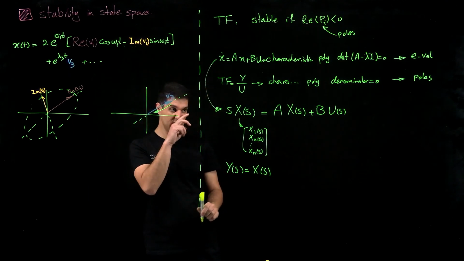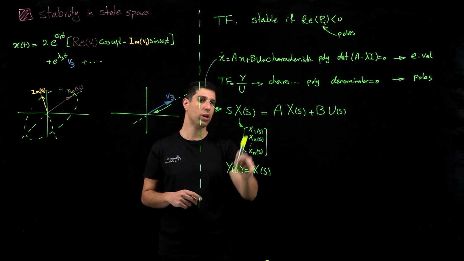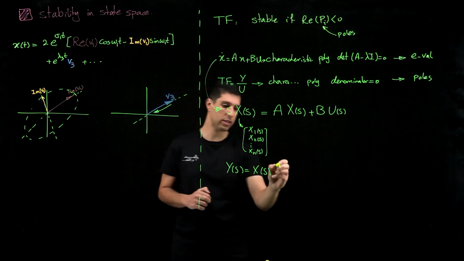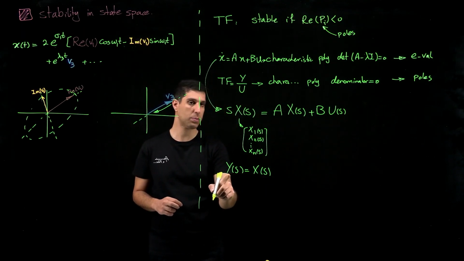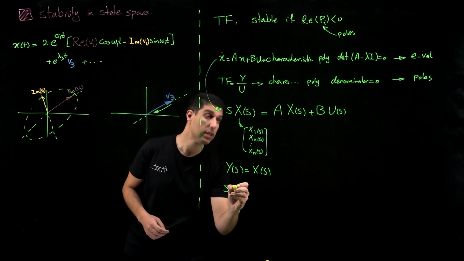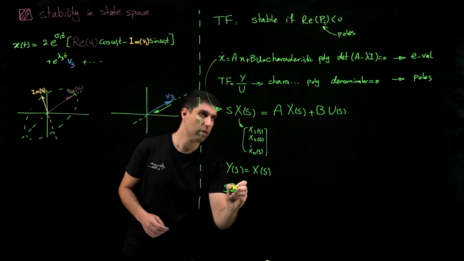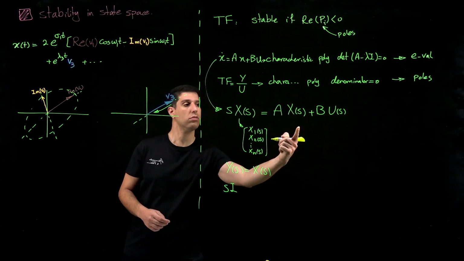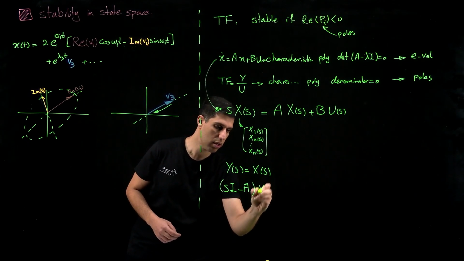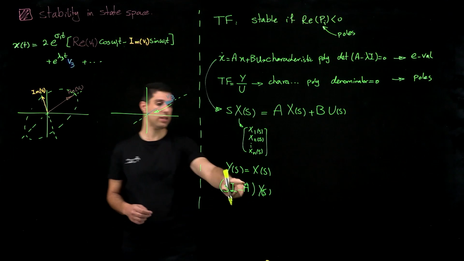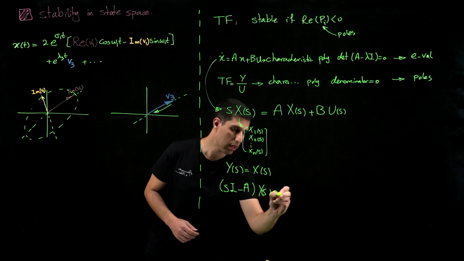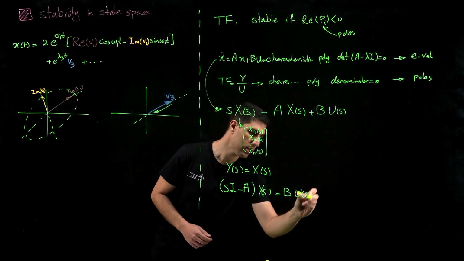So doing that, now what I can do is take this to the other side. Let's use y of s. So I have sI minus A times y of s, since I'm replacing x of s with y of s because I'm pretending the y's are the outputs, equals B u of s.